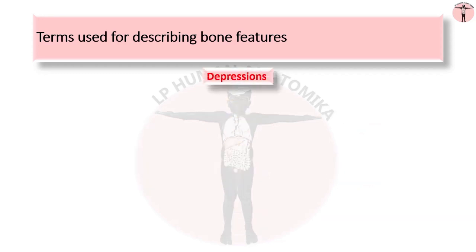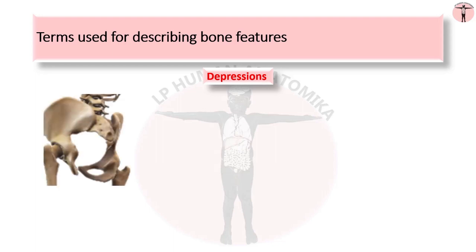Depressions are of three types: notch, groove and fossa. Notch is a small indentation or narrow depression such as greater sciatic notch which is deep and lesser sciatic notch which is shallow and below to the greater sciatic notch on the posterior border of hip bone.